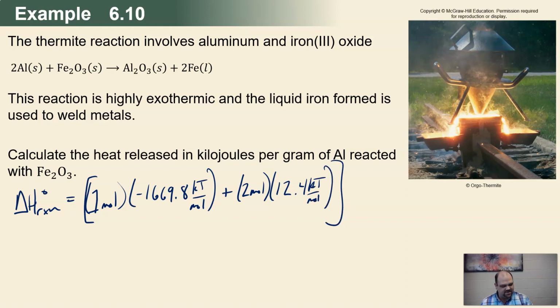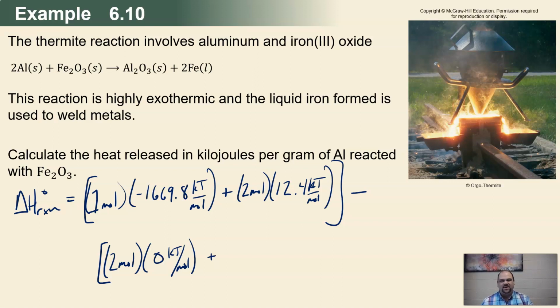So there's my products. Now I have to subtract my reactants. 2 moles of aluminum times, now, aluminum as a solid. Is that the standard state for aluminum? It sure is. And so that's 0 kilojoules per mole. In reality, when you work out these problems, if you want to omit the ones that are in their standard state, that's fine.